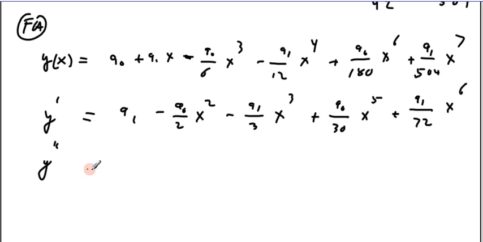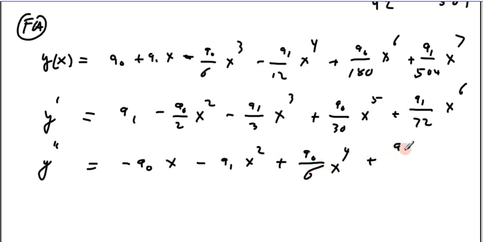y double prime. That guy goes away. Minus a0 x, minus a1 x squared plus a0 over 6 x to the 4th plus a1 x to the 5th over 12.